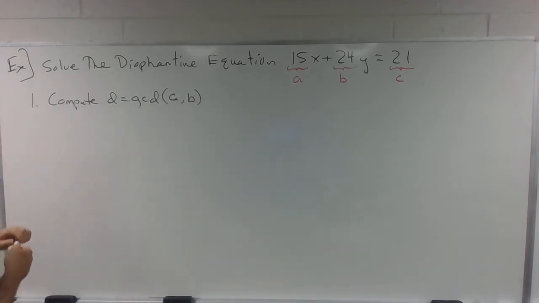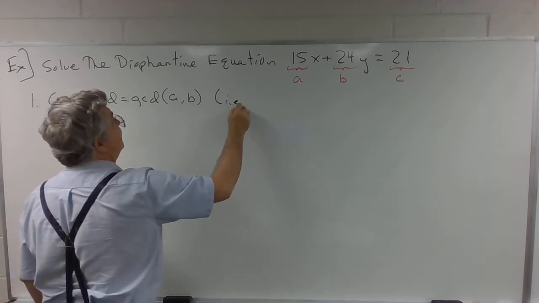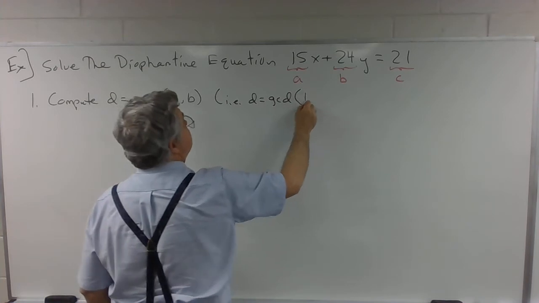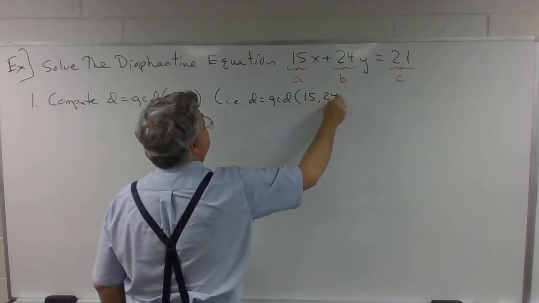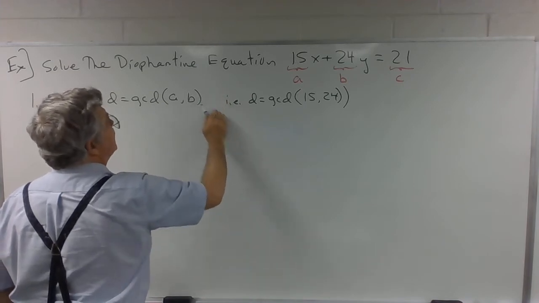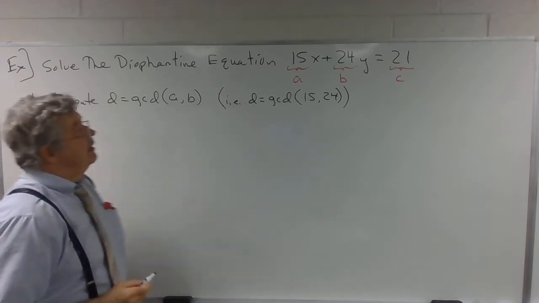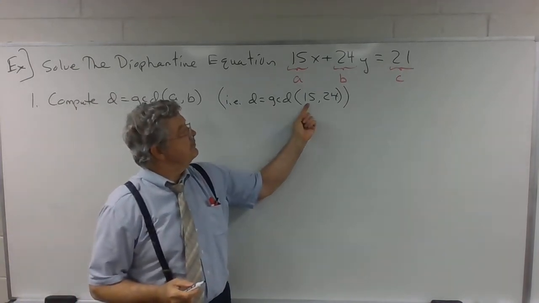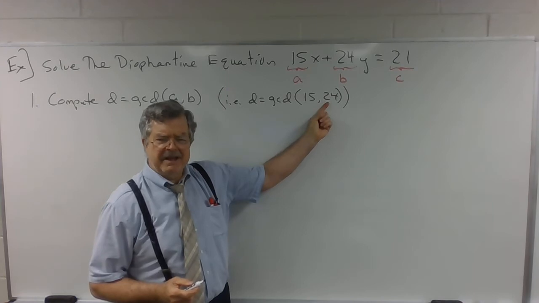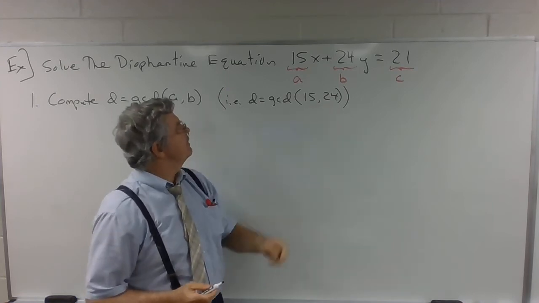First thing we do, compute the greatest common divisor of a and b. 15 is 3 times 5, 24 is 3 times 8. 5 and 8 have no factors in common. So 3 is the greatest common divisor.